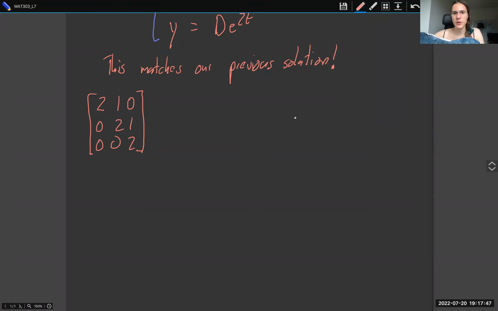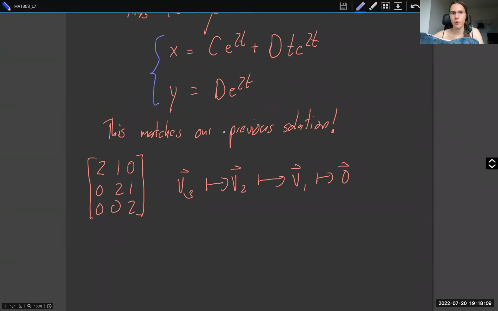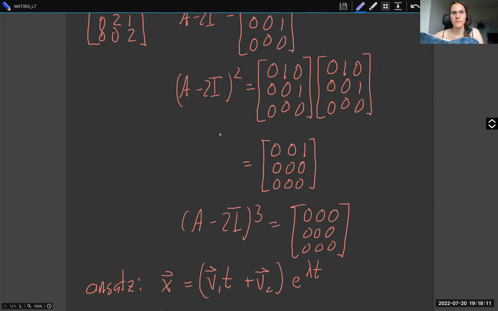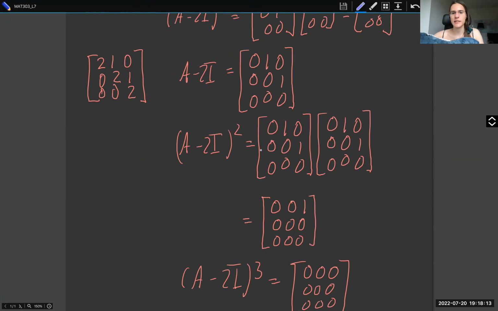So in this case, what we would hope for is to have v1, and that gets sent to 0. And then there's some v2 that gets sent to v1, and then there's a v3 that gets sent to v2. Because the kernel increases in dimension with everything, and we did this calculation before, we saw that it's not the 0 matrix, so this is a two-dimensional kernel.